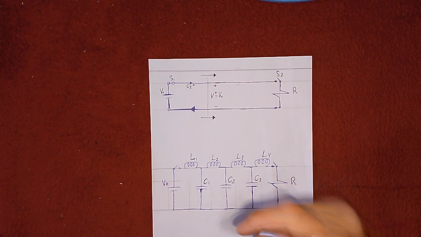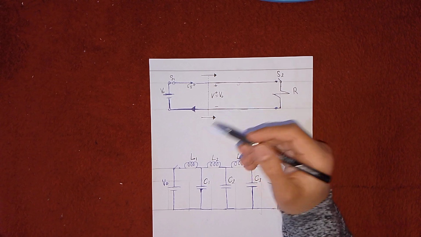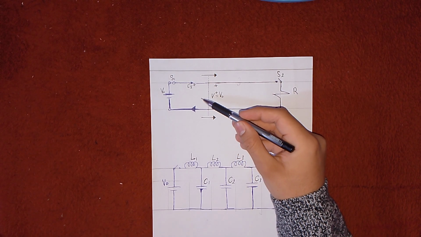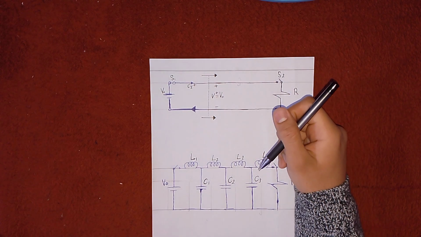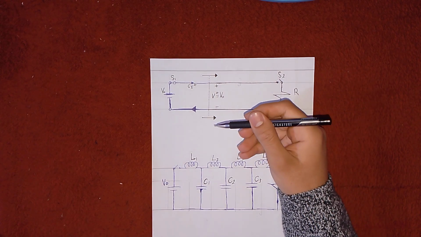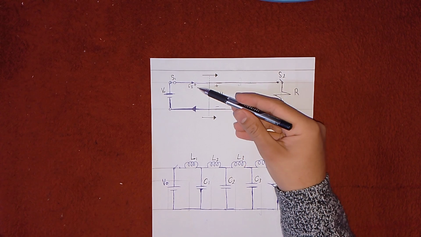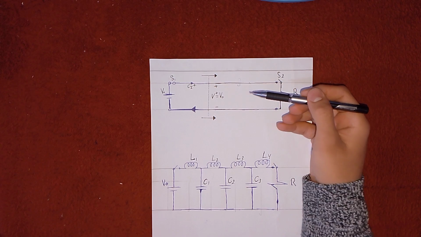The wavefront, represented by this vertical dashed line, represents the instantaneous boundary between the section of the line that has been charged to V node and the remaining section that is yet to be charged. It also represents the boundary between the section of the line that carries the charging current I positive and the remaining section that carries no current.